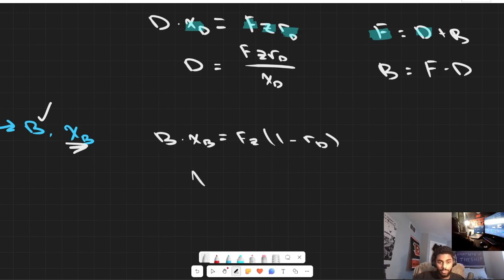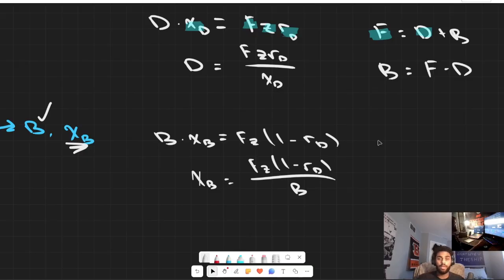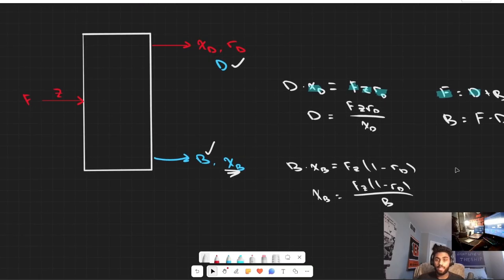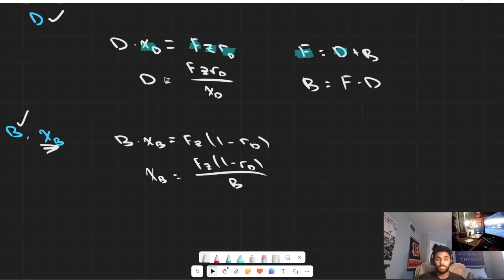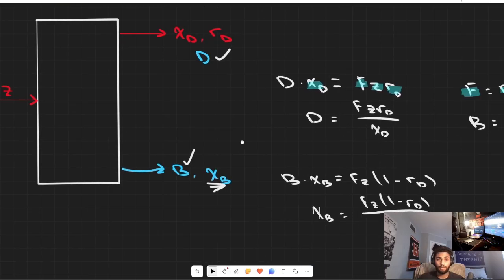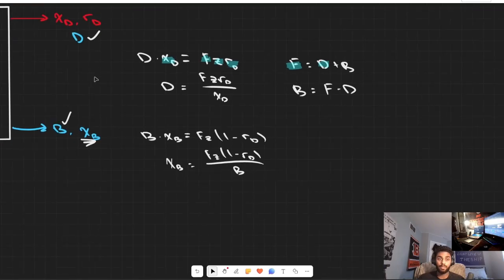And now all we have left to do is calculate for our composition: F z times 1 minus recovery distillate over B. What we have now learned is that selection of our distillate composition and our distillate recovery is definitely crucial to the overall design and the outputs that we get in our distillation column. So that's pretty cool.